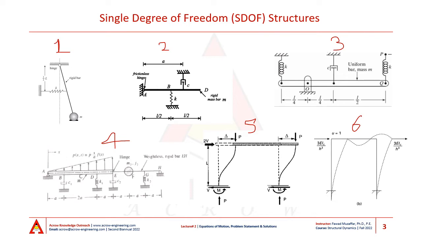Now the pendulum consists of a mass m that is connected to the support through a rigid bar. The bar is rigid flexurally as well as axially, which means that the bar will not stretch and the bar will not bend. The question at hand is, how many degrees of freedom do we need to know for us to completely define the deformed configuration of this pendulum?